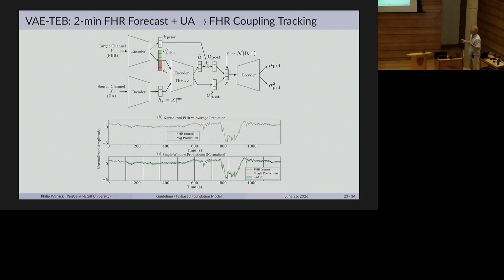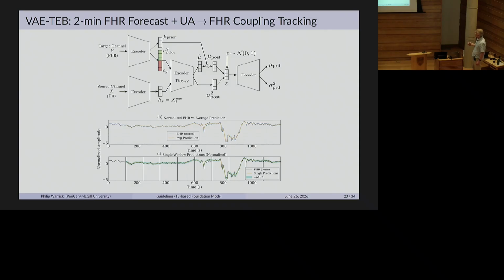Here, I'll just give a few examples. This is some examples of actual predicted FHR at each of these vertical lines. The predicted FHR is in red, and the standard deviation around that, the uncertainty, is in green.